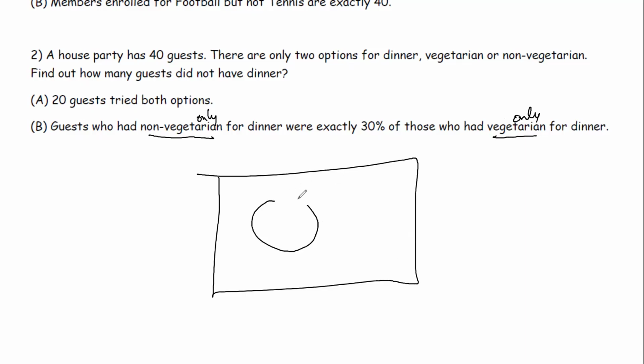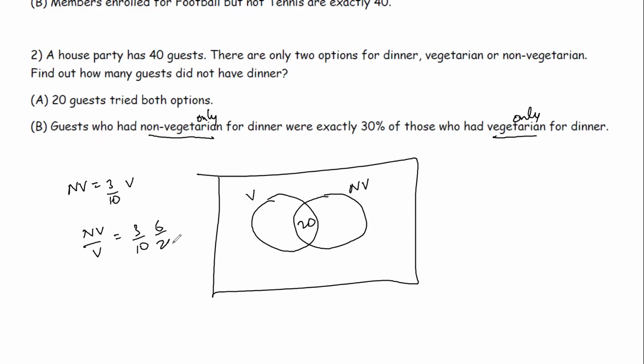So in that case, obviously statement A on its own, B on its own is not solving it. So we are directly looking at both statements together. Now both statements together, we got 20 out here, and we got non-vegetarian is 30%. So that is 3 by 10 of vegetarian. So non-vegetarian to vegetarian is in the ratio of 3 is to 10, 6 is to 20, 9 is to 30 and all.